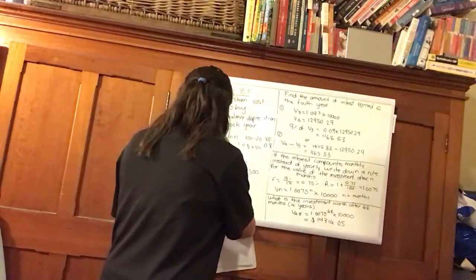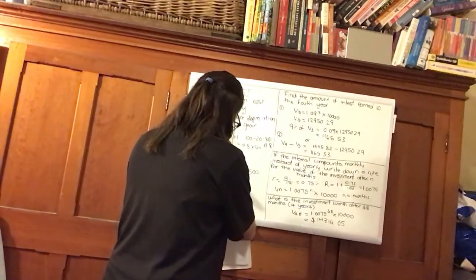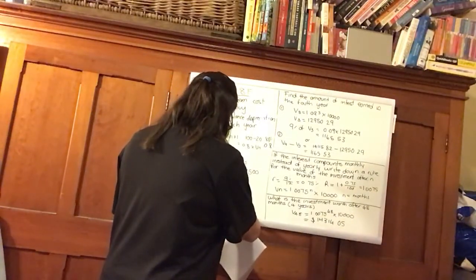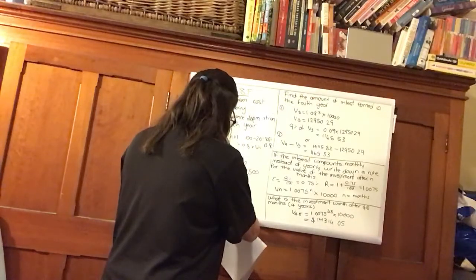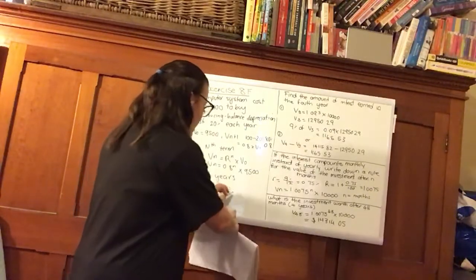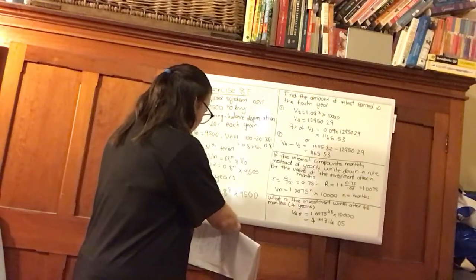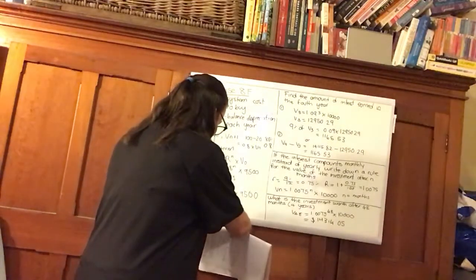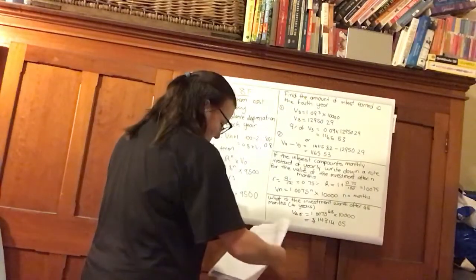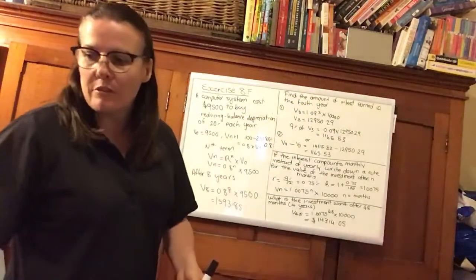But if we want to find what it's worth after 8 years, we are going to go V8 is equal to 0.8 raised to the power of 8 multiplied by 9,500, and that's going to equal 1593.84. I've just written 5.